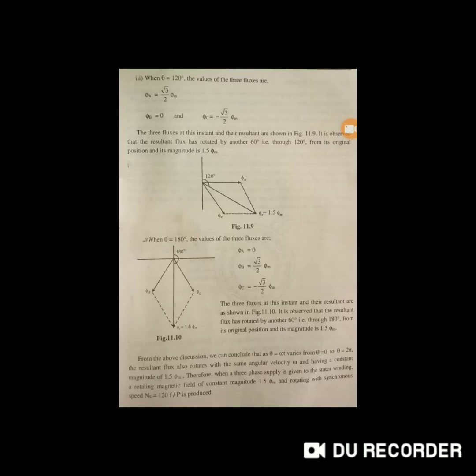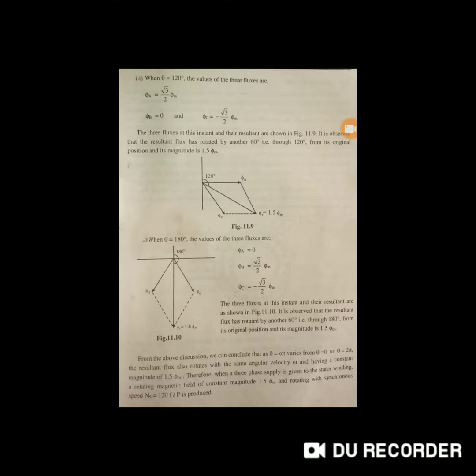At this instant, you can see in the figure that the resultant flux has rotated by another 60 degrees, that is through 180 degrees from its original position, and the magnitude is 1.5 into phi m.